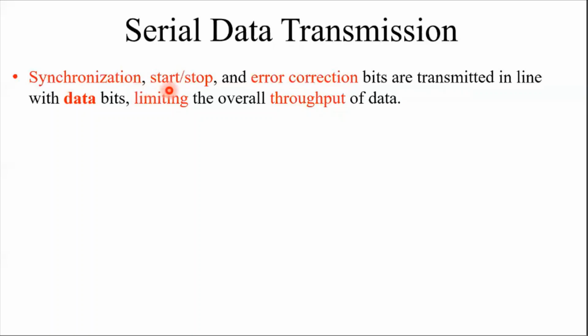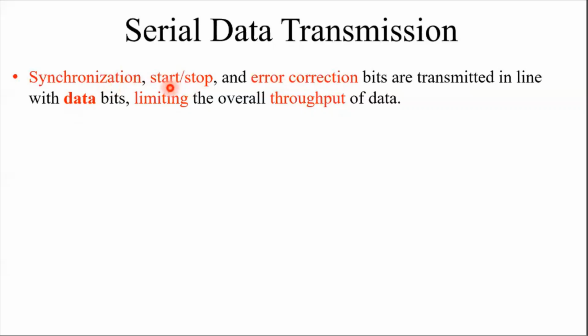Then another one is the start or stop bit. The start bit ensures that it is the start of the data, and the stop bit ensures that it is the end of the data. When it is transmitted over the transmission medium, usually it is transmitted in the form of a frame. The frame will consist of the actual data, then the synchronization bit, the start or stop bit, and the error correction bit.